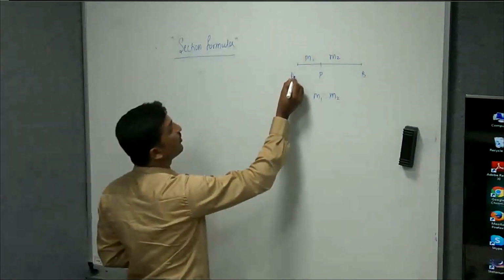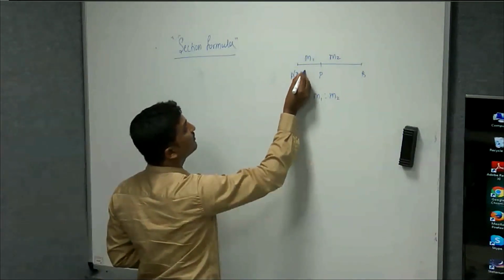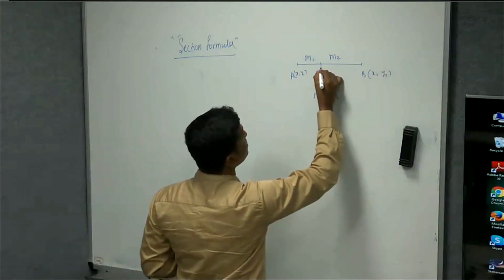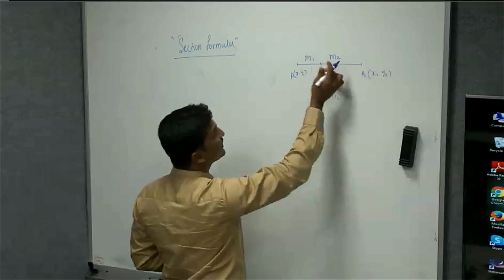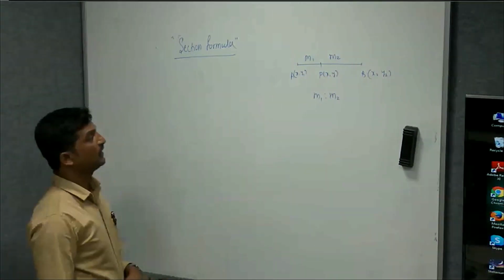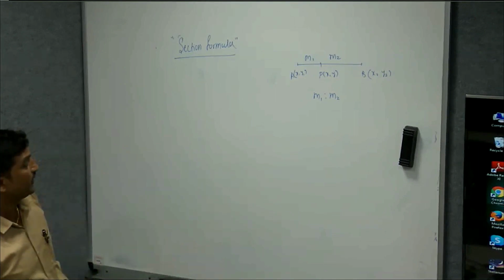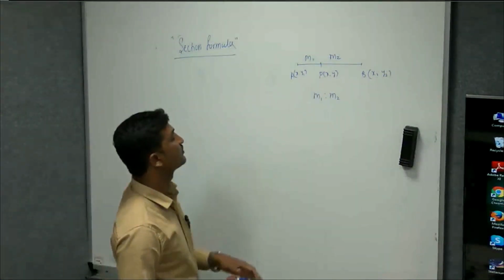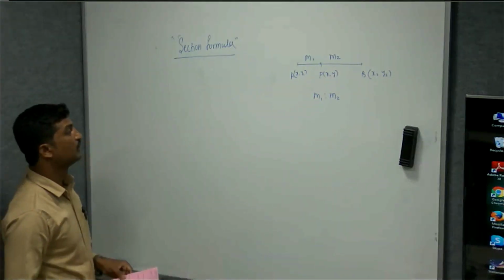Okay. So this point A is called x1, y1, and this point B is called x2, y2. This point which divides the line segment, we call it P. So now we have a formula to find the value of x and the value of y, that is the coordinates of point P, x and y.